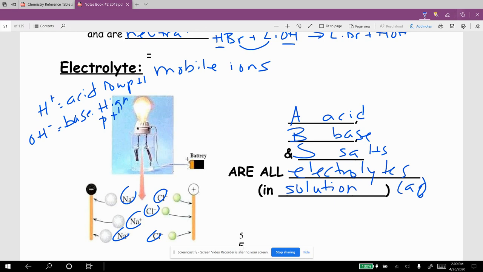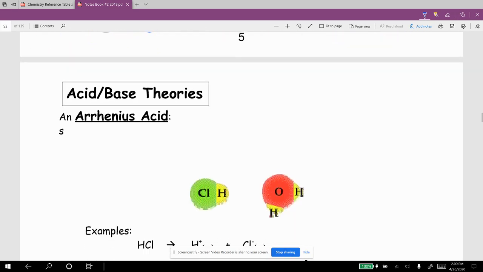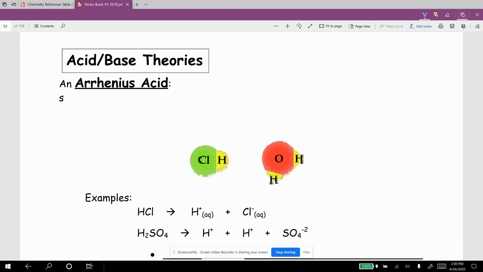All right, so one more page, I believe. Now we're going to talk about our acid-base theories. We have something called an Arrhenius acid. This is just some guy's name, so don't worry about it. Arrhenius acids contain H plus as the only positive ion in solution. That's what made an acid, the H plus.